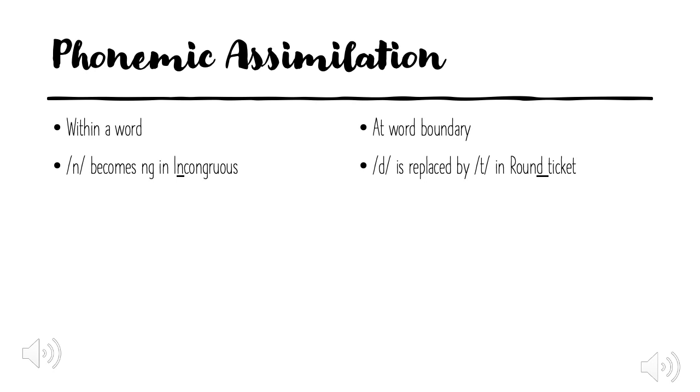Now we also need to understand that, as we have said already, the assimilation may involve the change of a whole phoneme. The phoneme itself may change. Again, the change may be within a word or at a word boundary. It may be progressive or regressive, but we'll just look at 2 examples of phonemic assimilation.